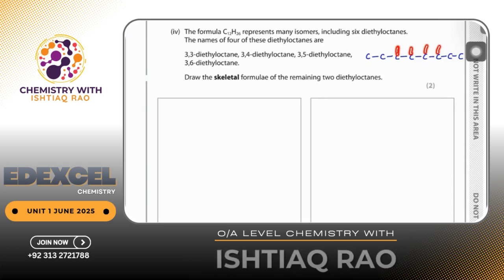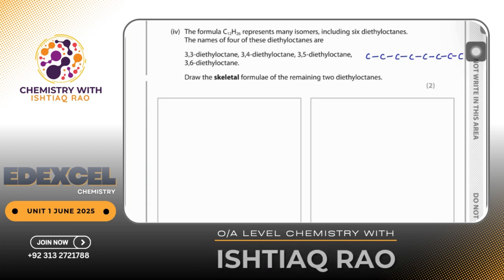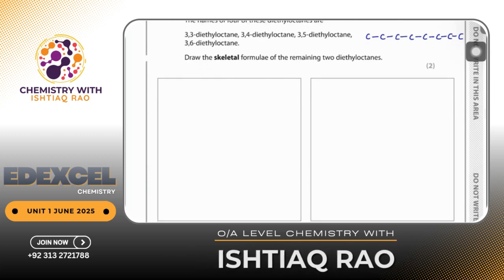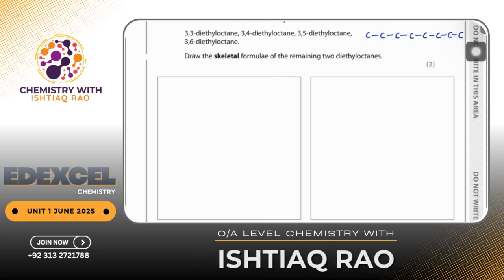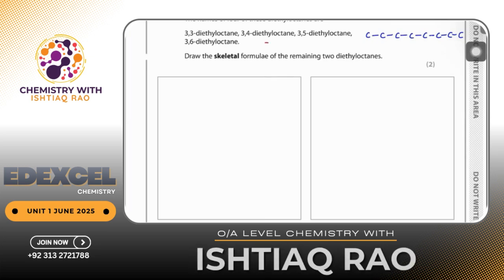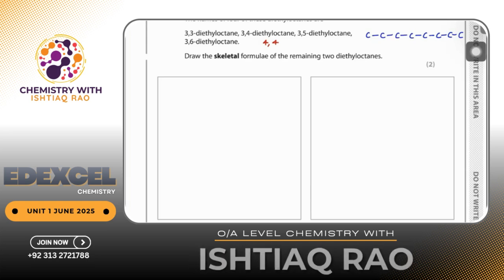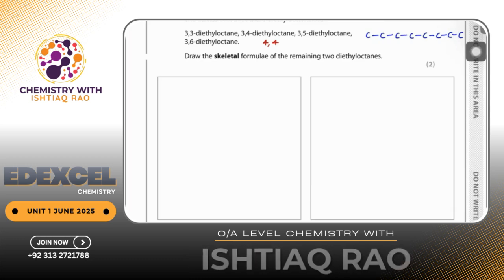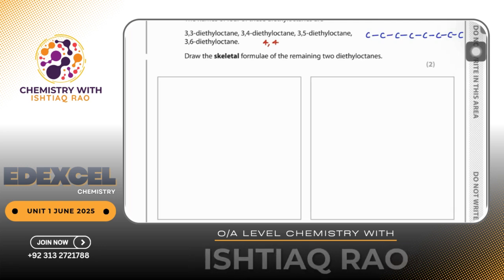Now we have to write down something else. I can say 4,4, this is a possibility. Or I can write 3,5 diethyl octane.